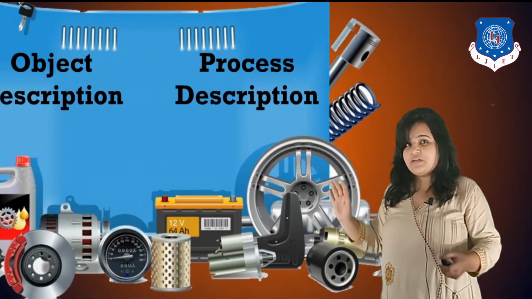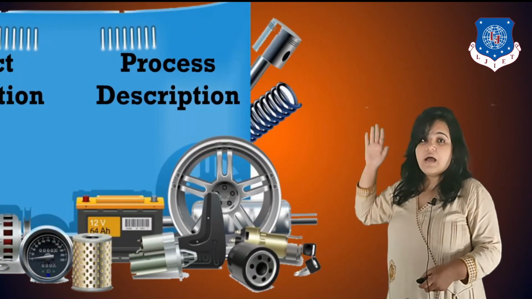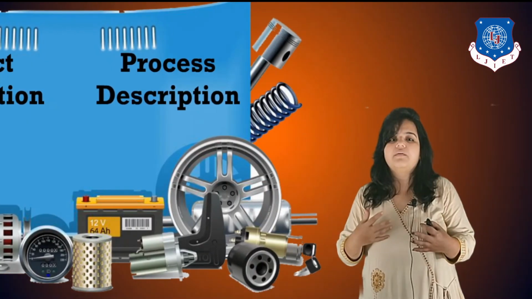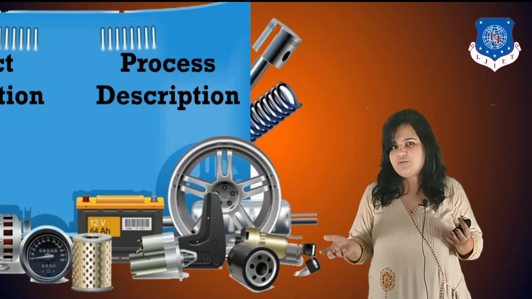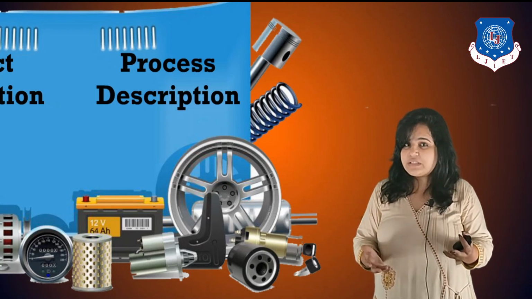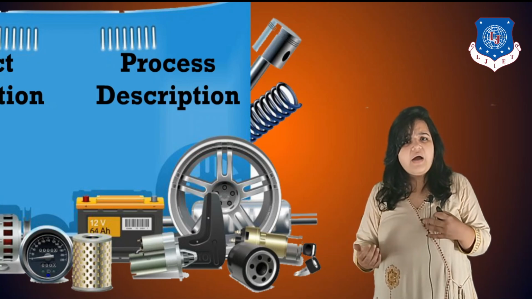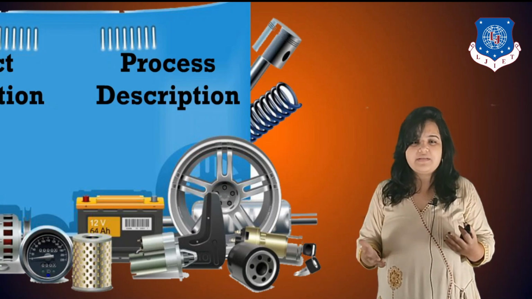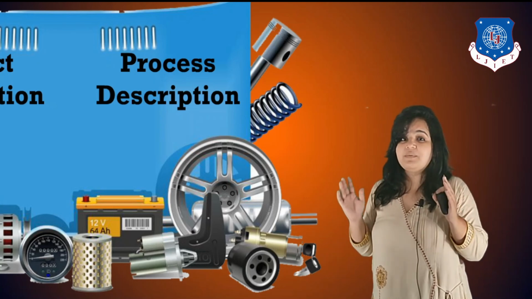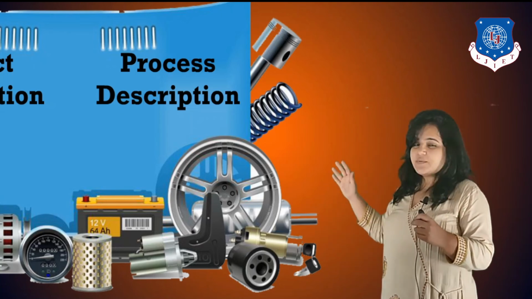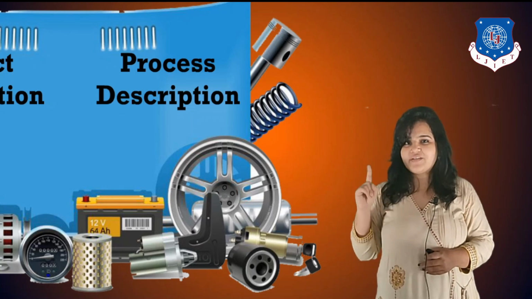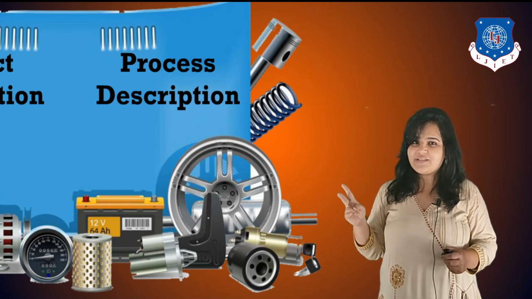Process description is a description about some processes which are going on, like the process of combustion, like the speech recognition process, like the process of how a combustion engine works, etc. There are innumerable examples. So students, we have two types of descriptions here, object description as well as process description.